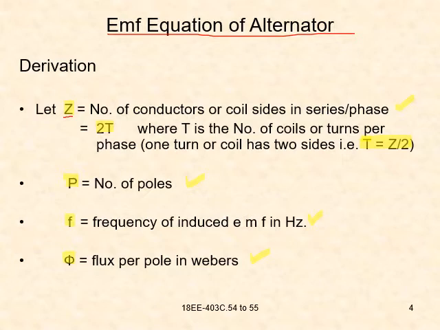Let us consider Z is number of conductors or coil sides in series per phase, which gives us 2T, where T is number of coils or turns per phase. Therefore T is equal to Z by 2, whereas capital P equals number of poles, small f is frequency of induced EMF in hertz, and phi is flux per pole in Webers.